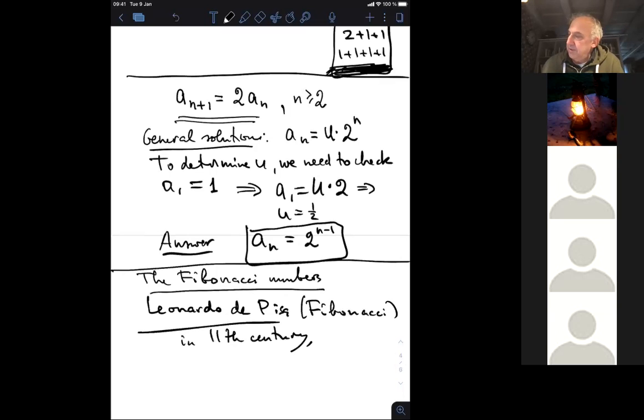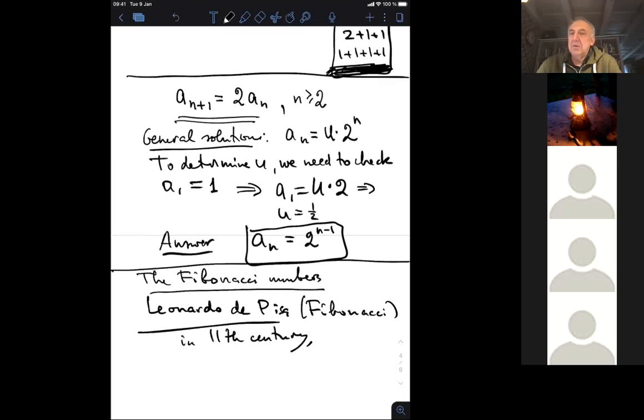In principle, mathematics of Islamic countries in the Middle East was much more advanced, in particular when it comes to usage of the Arabic or Indian system.